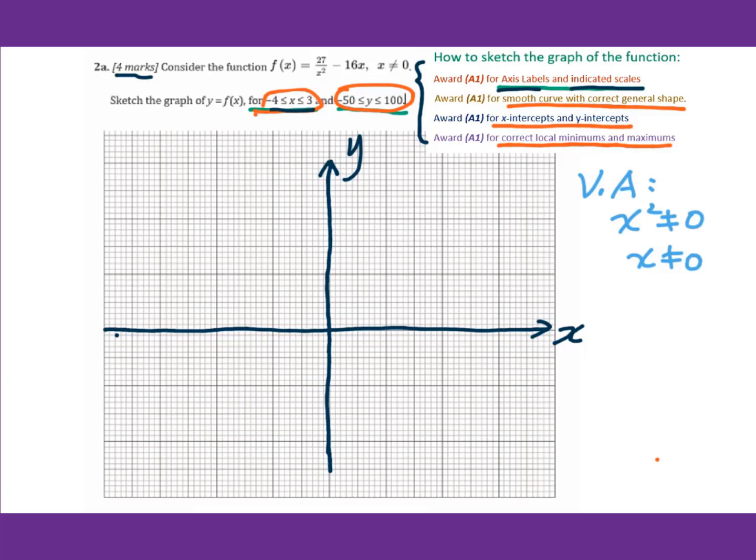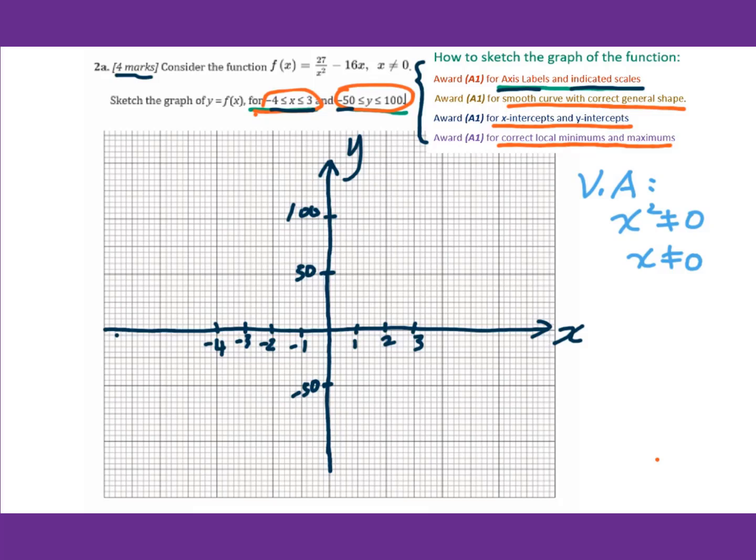X will be between -4 and 3. So we have 1, 2, 3, and -1, -2, -3, -4. This part is -50 to 100. You can label this as 50, 100. This will be -50.